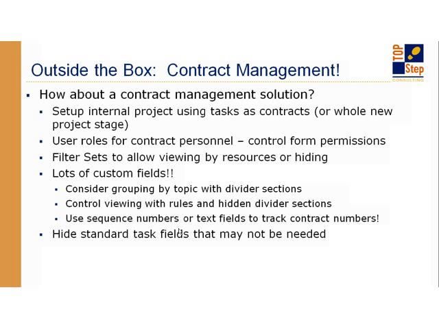I actually have implemented this within my own organization, just for simple tracking of expiration dates, amendments, contract numbering sequence, and whether it's a contractor or a vendor or a client. All of this was done on the task itself. So let's take a look.